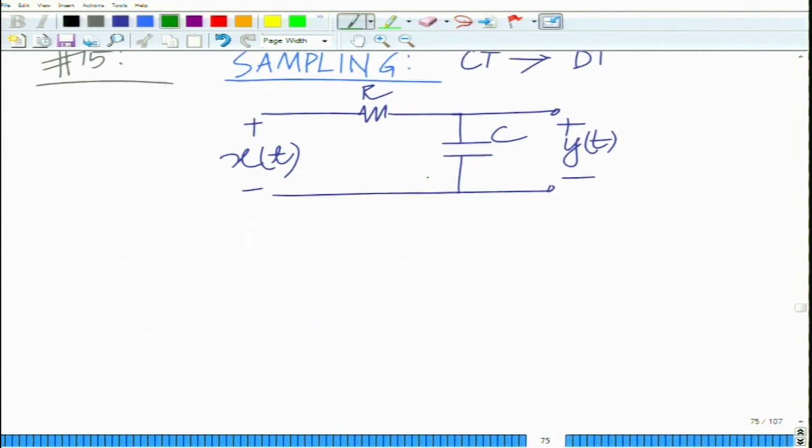And in the RC circuit above, consider RC equals 2.